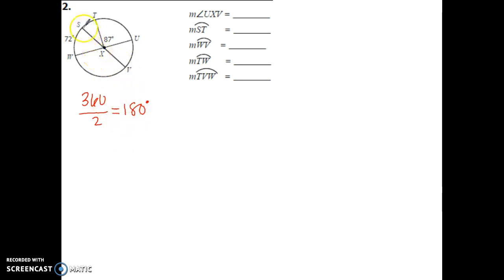But also SXW and BXU, those are vertical angles, which means they have to be the exact same degree. So this is 72, its vertical angle will also equal 72. So pause this video, get your answer, and go check with the sub to see if your answers are correct.